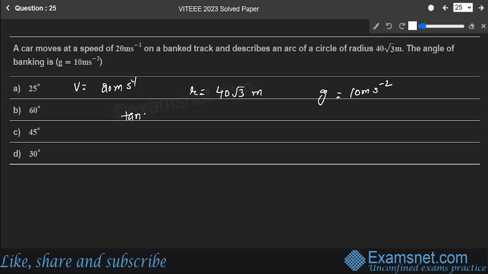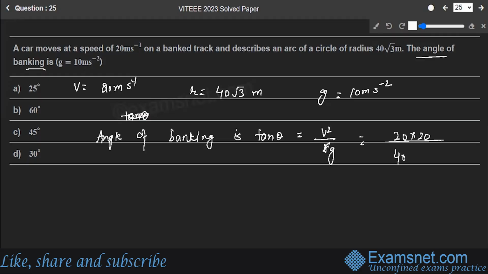We know that the angle of banking is given by tangent of theta, which is given by v square upon r into g. V square is 20 into 20, upon R is 40 root 3, g is equal to 10.